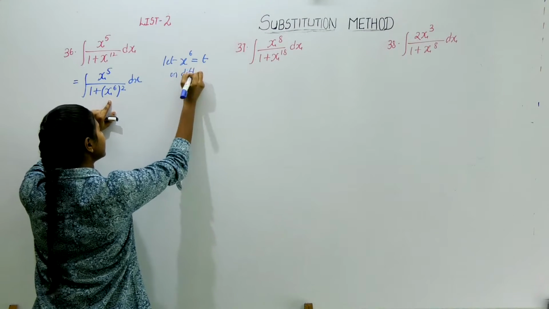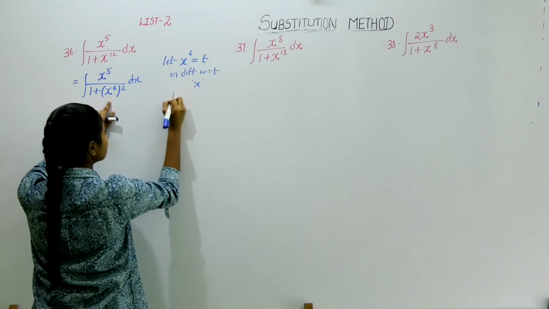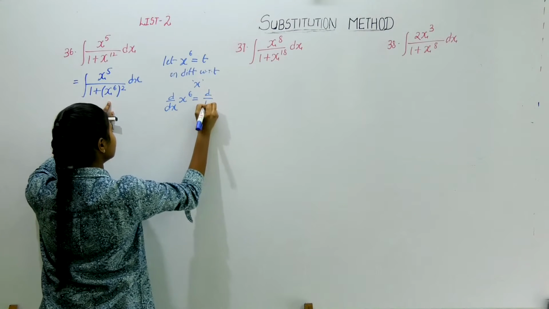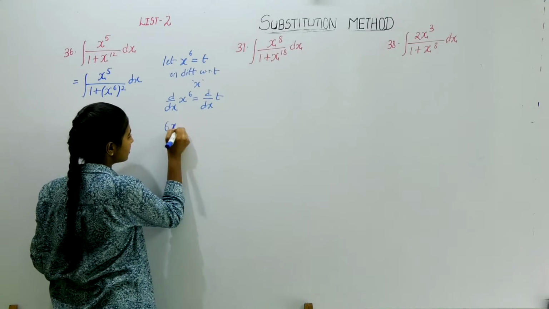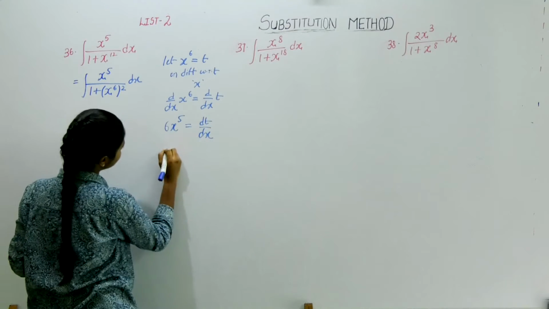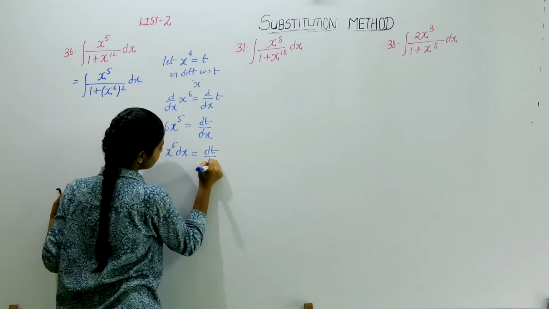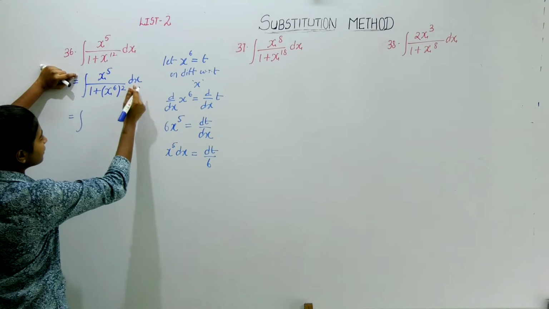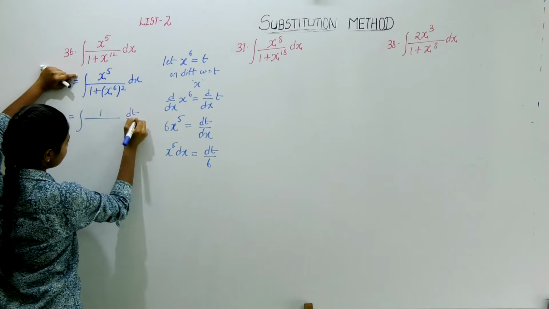On differentiating with respect to x on both sides, d by dx of x power 6 is equal to d by dx of t. d by dx of x power 6 is 6x power 5. It is equal to dt by dx. In place of x power 5 into dx, it is equal to dt by 6. Now, here, in place of x power 5 into dx, we can substitute dt by 6.